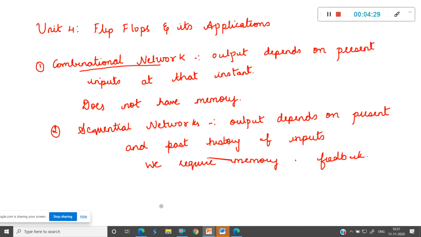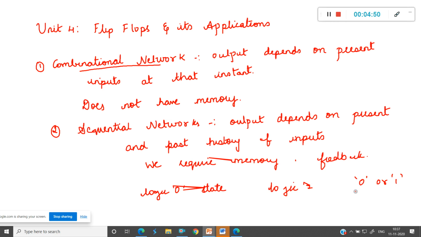A state may be a logic 0 state, or a state may be a logic 1 state.